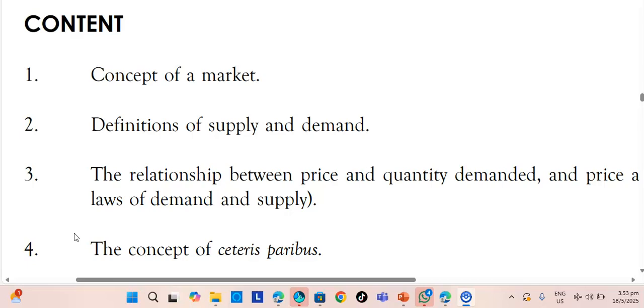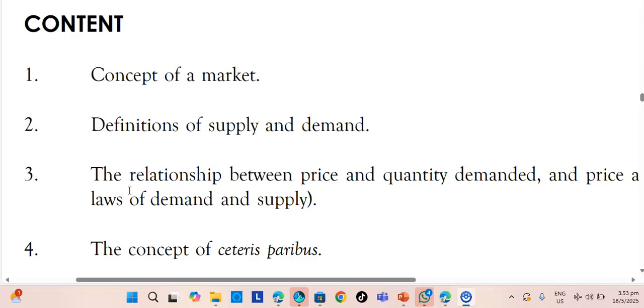All right. Now we are going to define supply and demand. Demand is the quantity of a good or service that consumers are willing and able to buy at various prices during a certain period of time.